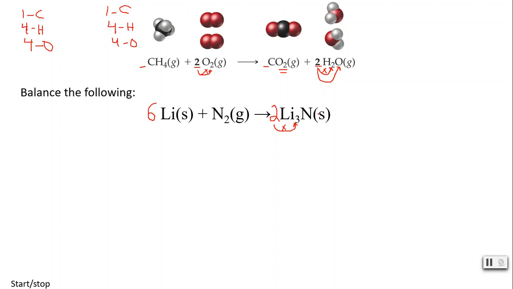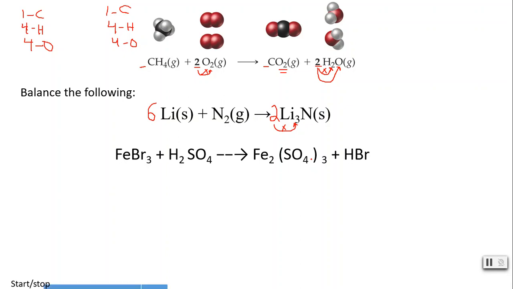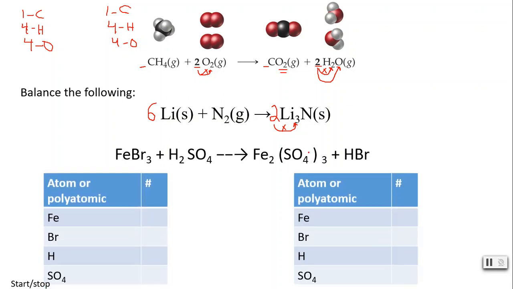And when doing chemical equations, sometimes they're small enough where you can balance them upon inspection. But many times you may have a chemical equation that's a bit longer, and it may be more advantageous to draw a chart. And I like doing charts, to keep track of how many of each type of atom you have on each side.